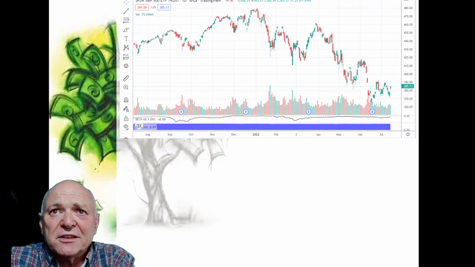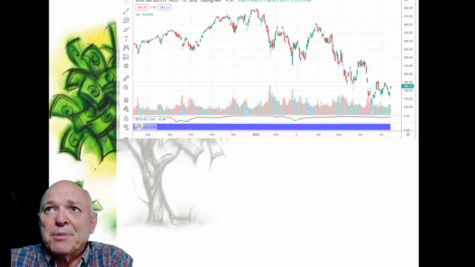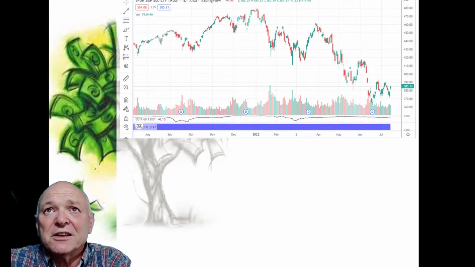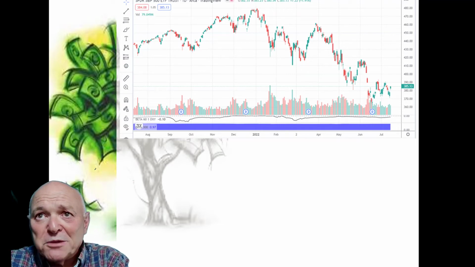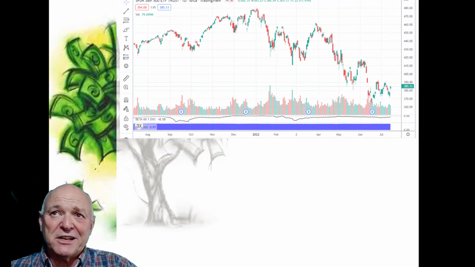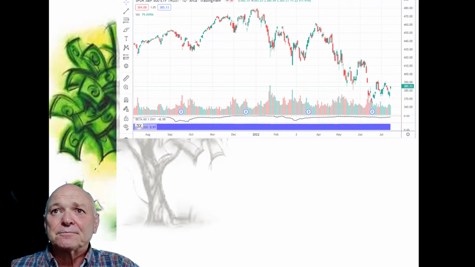Starting off, say, in December of 2021, we've got quite a powerful market, and it drops off quite a bit during January, February, recovers a little bit in April, and then drops from April up until today.